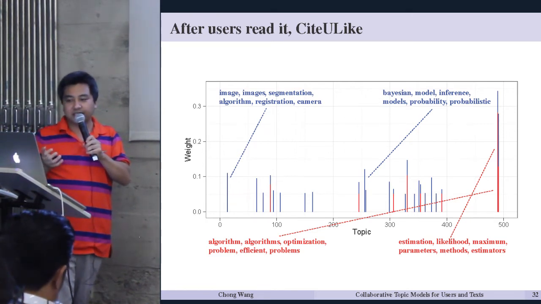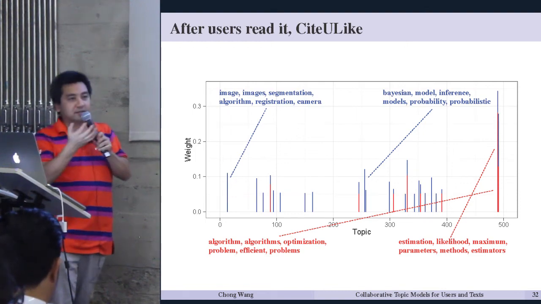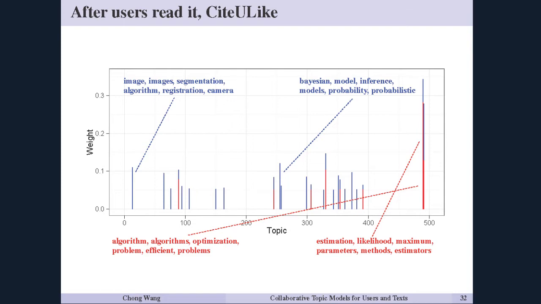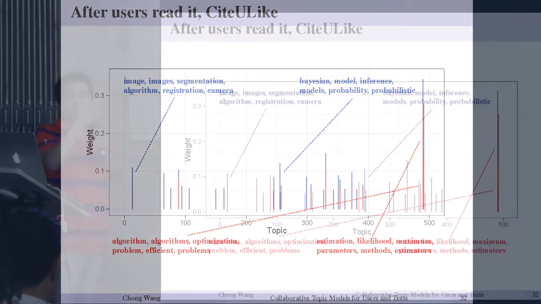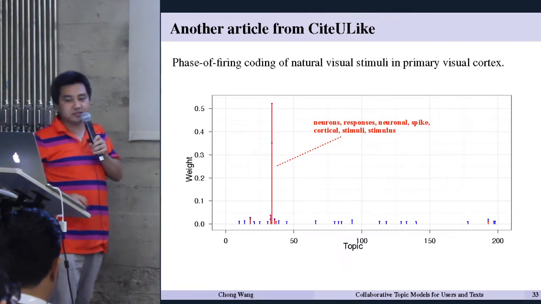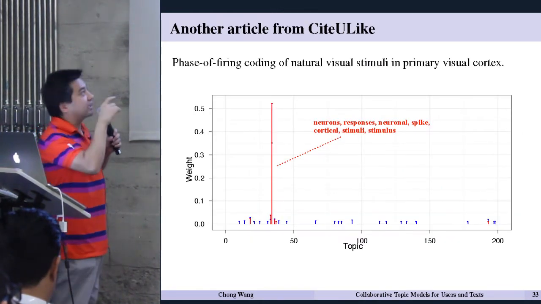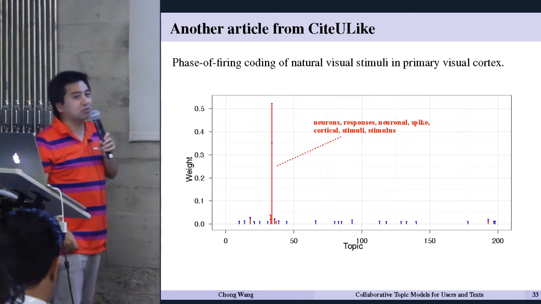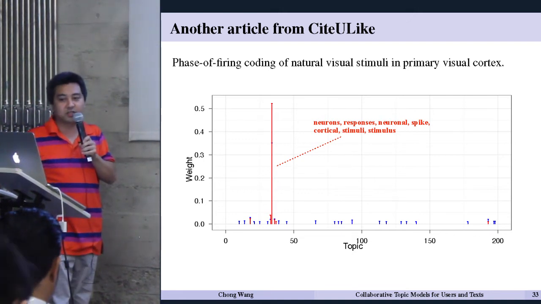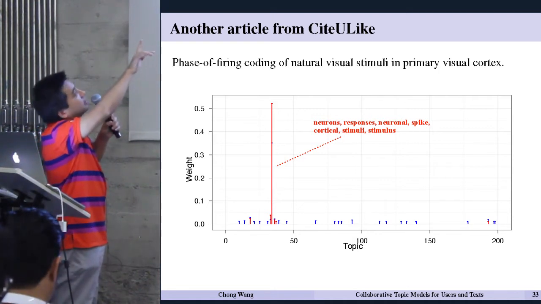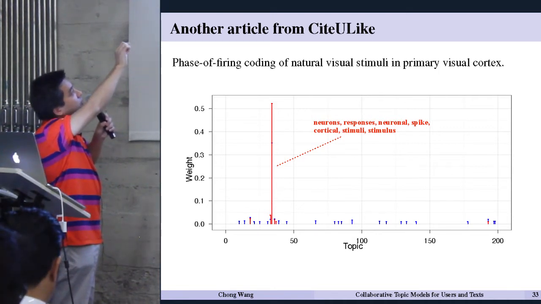So the idea is that this topic proportion was changed by the user behavior, by adding more topics, or sometimes not adding any. Here's another example. This example shows that it does not really add anything new to this particular document. This document is basically about that particular topic, the words colored in red.